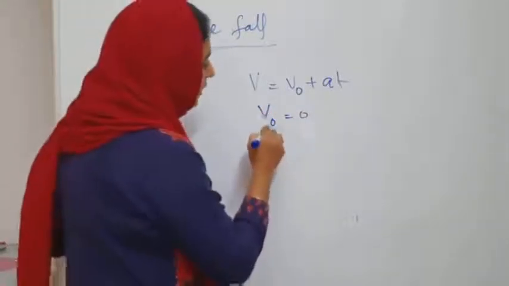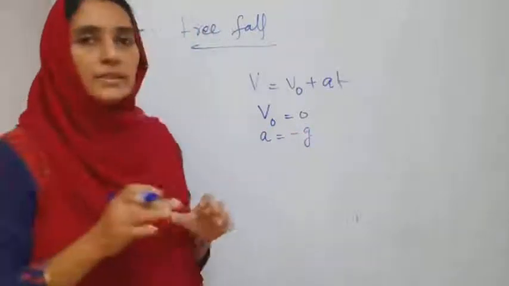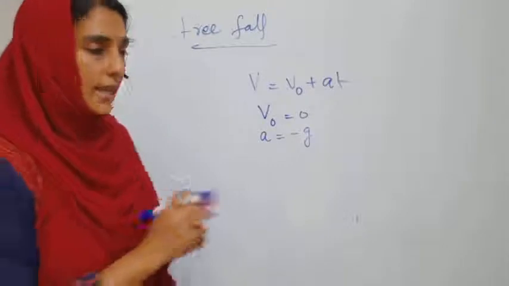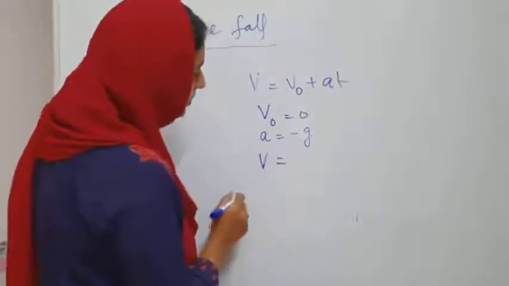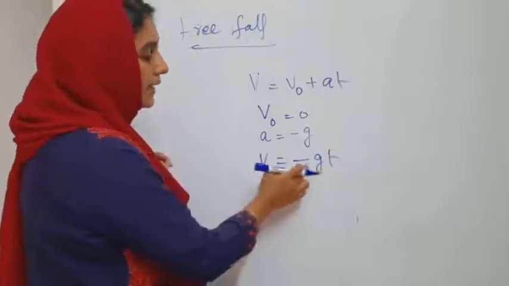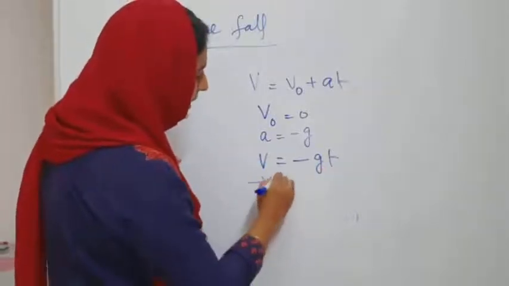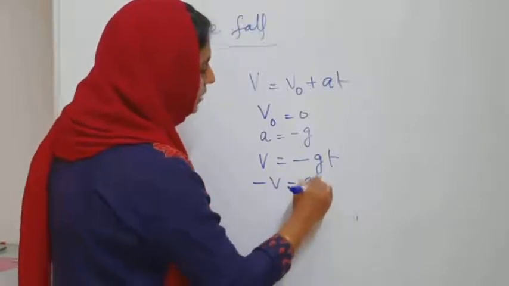And for a freely falling object, a is minus g, isn't it? So what is the relation between velocity and time? v = -gt. Time can never be negative, so we shift this negative sign to the left-hand side: -v = gt.